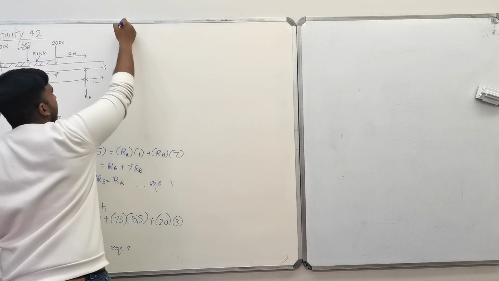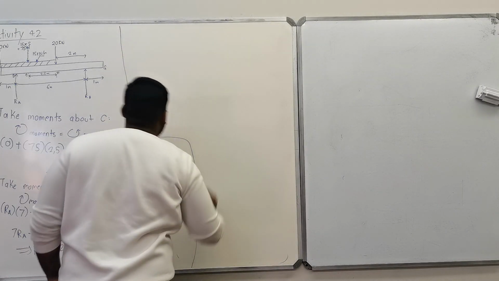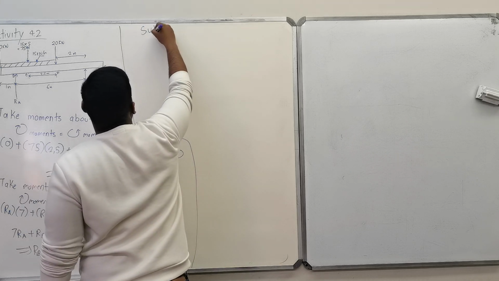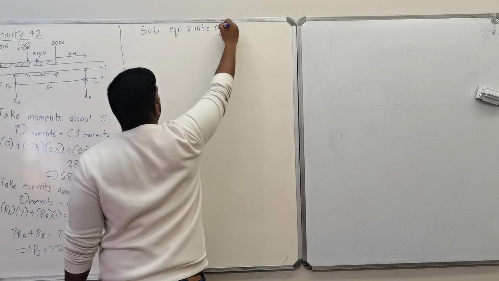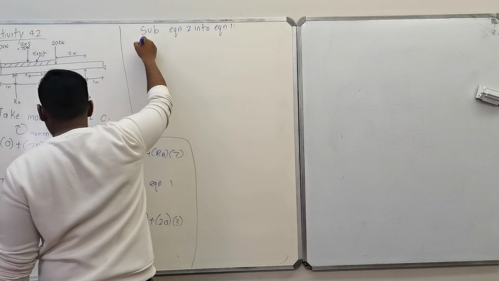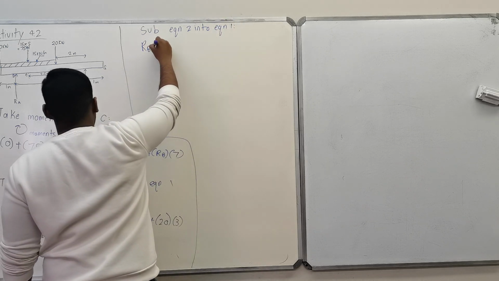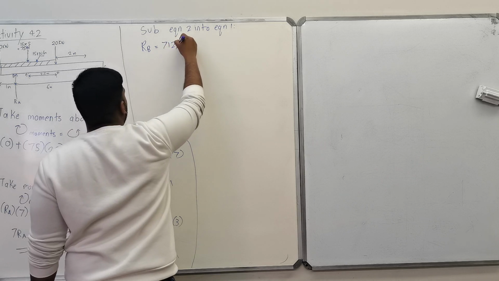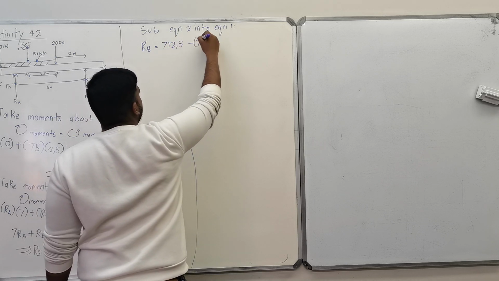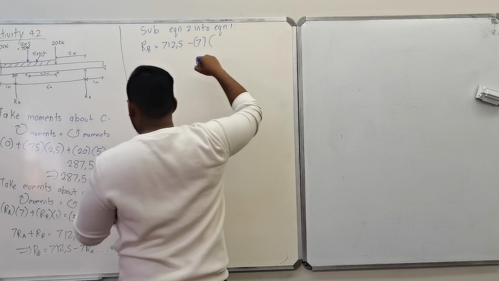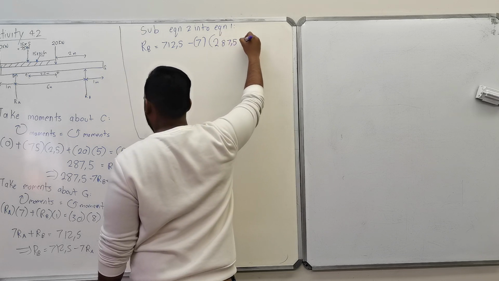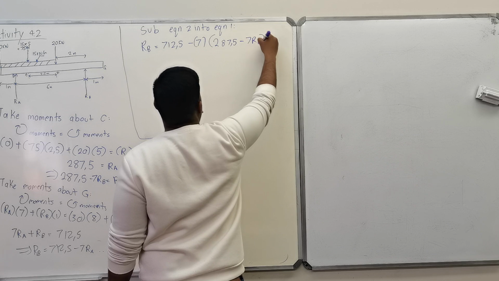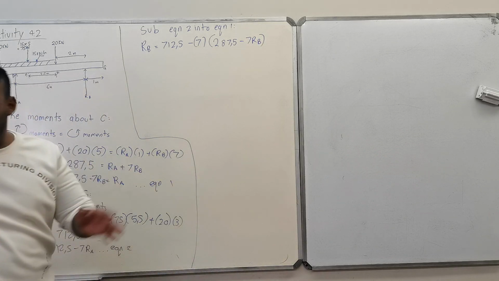So you would substitute equation 2 into equation 1. So you're going to end up with RB equaling 712.5 minus 7 into RA, which is 287.5 minus 7 RB. So far, are we all okay?